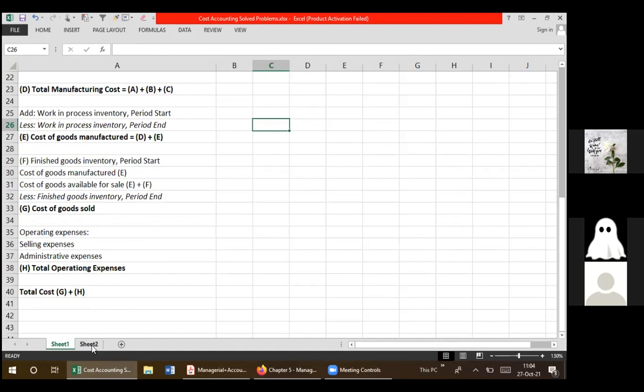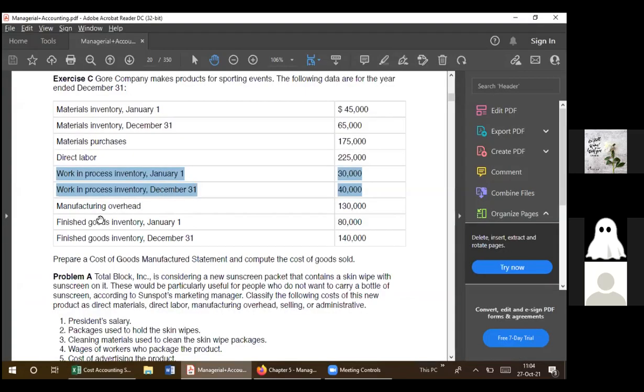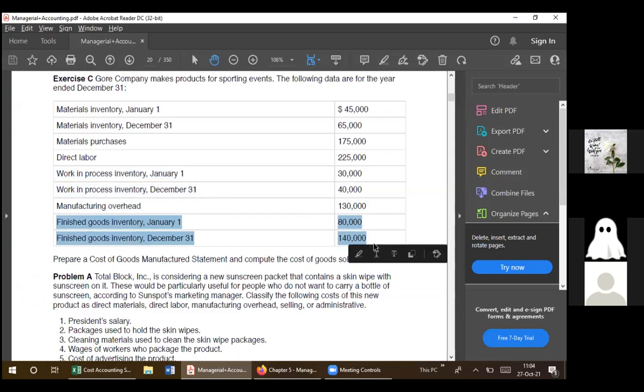Then we have point F, that is finished goods inventory period start. Do we have finished goods inventory in this question? We do. We have finished goods inventory on January 1st and on 31st of December.